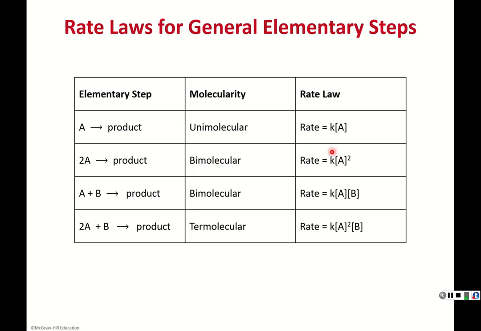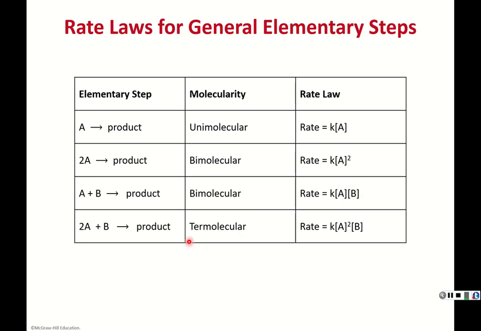And the rate law would be k times A squared. So now we can use that 2, that coefficient in the elementary step, to be our exponent. The other type of elementary step that's bimolecular would be A meeting up with a different molecule, B, to form a product. So that again involves two molecules, bimolecular. The rate for that is k times A times B.